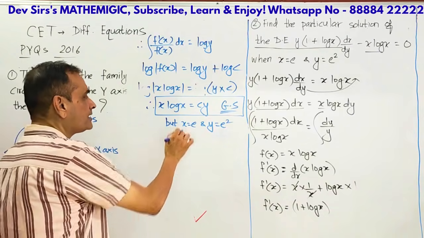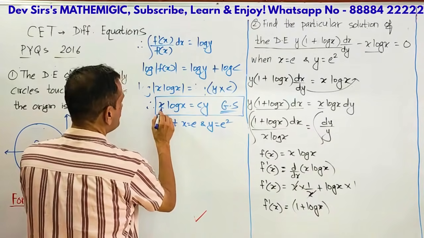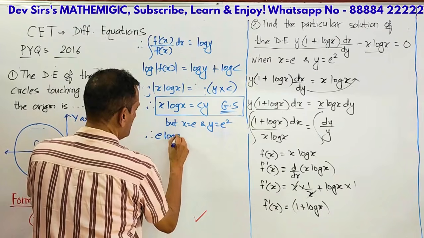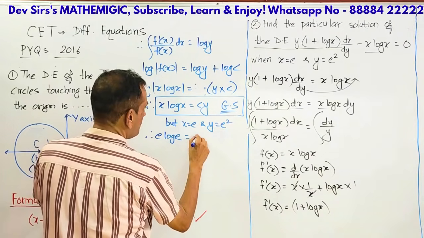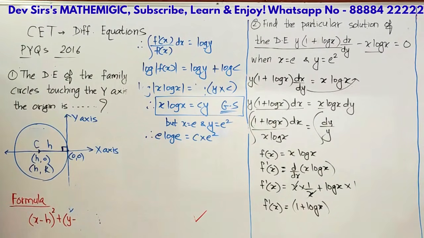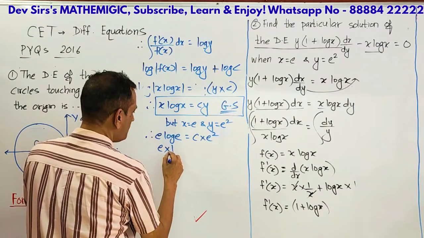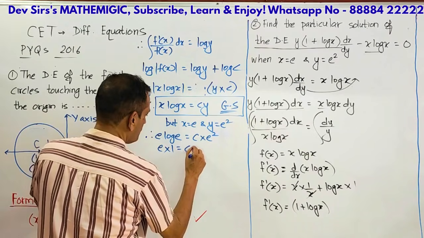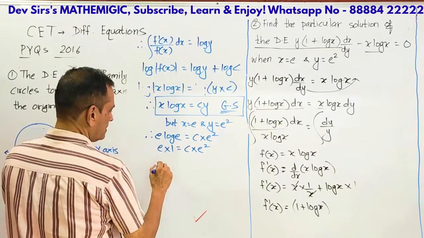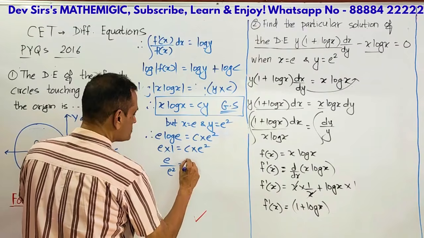तो यहाँ पे सब्स्टिट्यूट करने के बाद c की वैल्यू मिलेगी. x is e. X is again e. log of e is 1. E into 1 is e upon e squared is equal to c.